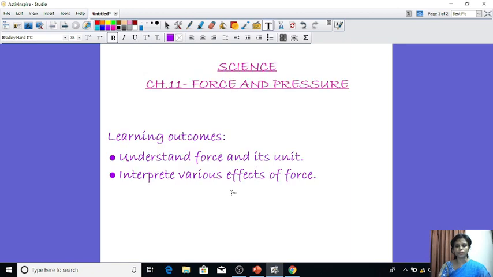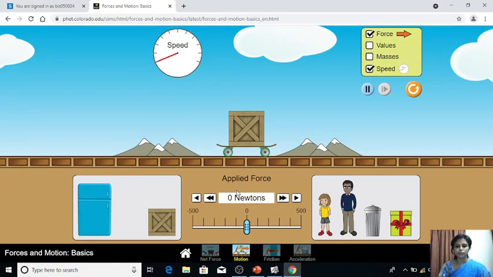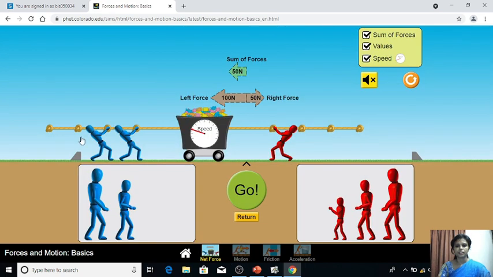Now as for its unit, whether it is measurable, what did we see here? We have seen that when they are applying force towards the left hand side, the force gets double. On the right hand side it is 50 N, and on the left hand side, since two people are connected here, it is double, 100 N, right?